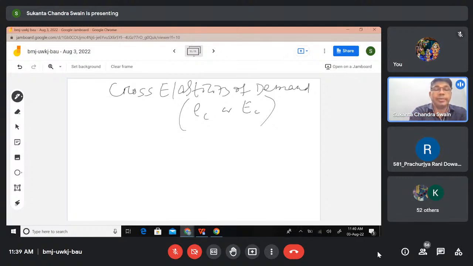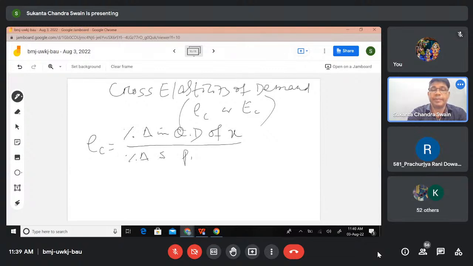So accordingly, the formula will be EC is equal to percentage change in quantity demanded of any commodity, let's say X, by percentage change in price of Y. Where X and Y are related, related means it could be substitute or complementary.